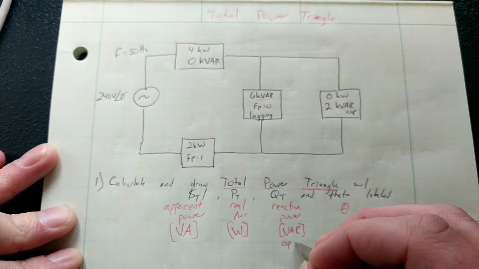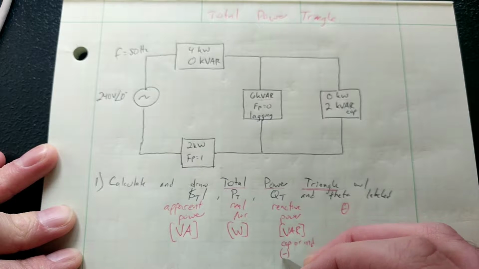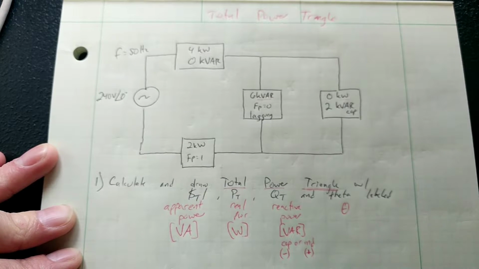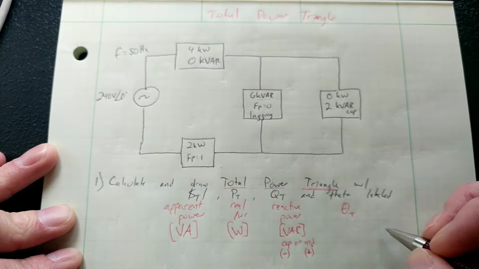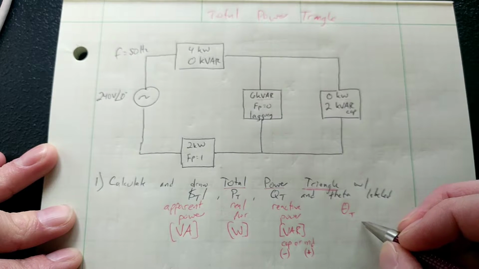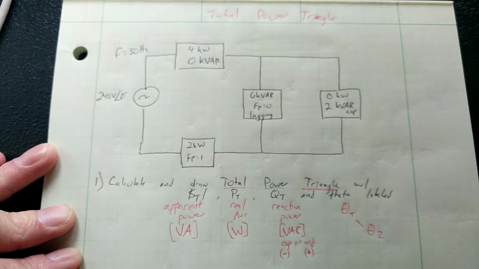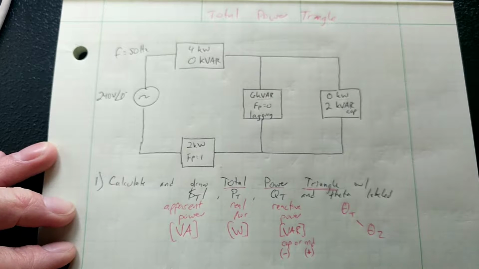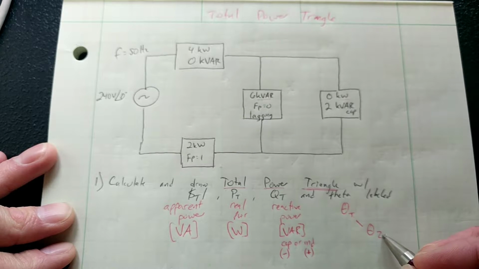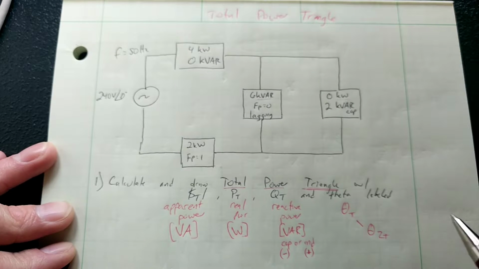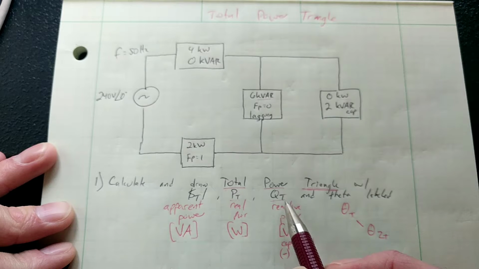And this can be capacitive or inductive, which means it would be negative or positive Q. And this theta of the triangle is in degrees, but note that this is also the theta Z of the circuit or whichever element you're looking at. So if we're looking at the total triangle, then that theta would be the same as the Z total. But whenever we have these, my suggestion is to mind your P's and Q's.